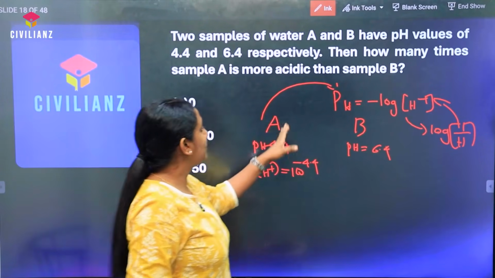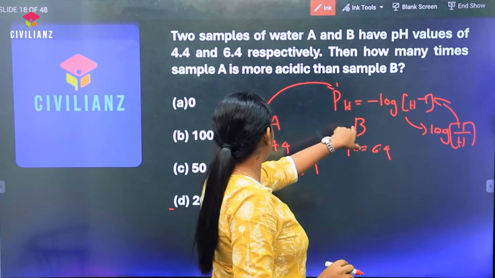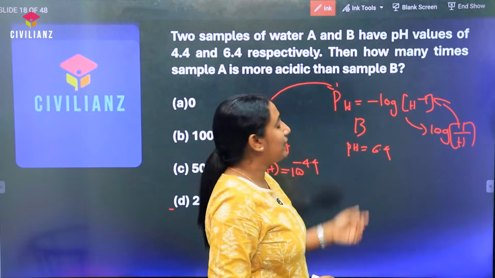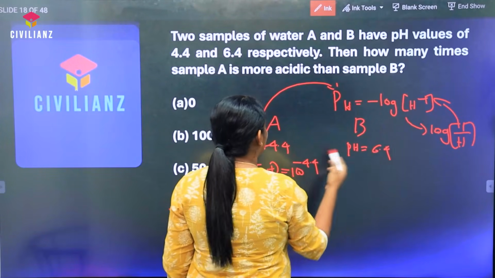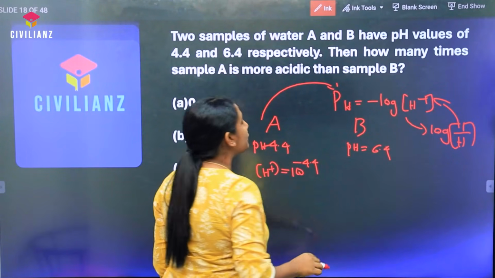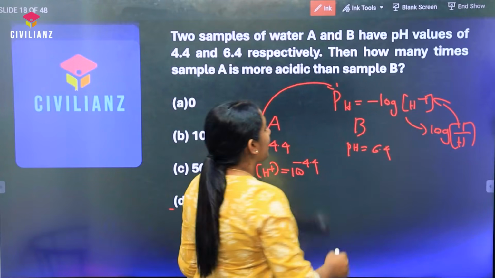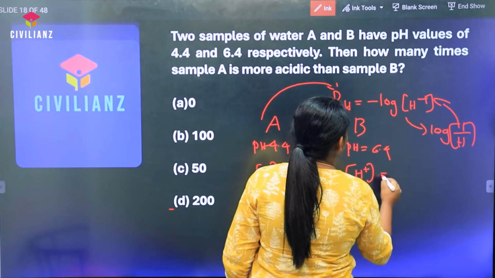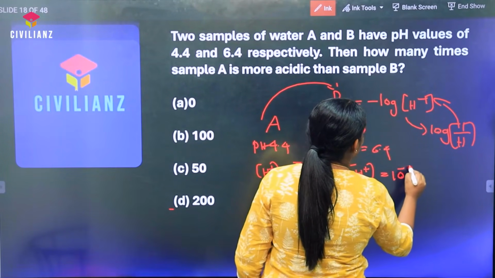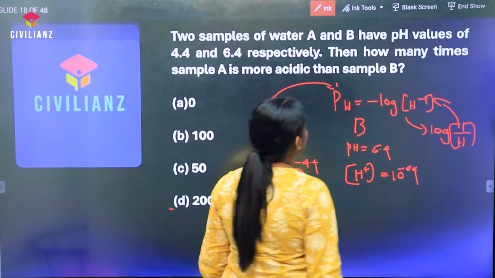Considering the log, the concentration of H+ equals 10 raised to minus 4.4. Similarly, in sample B, the H+ ion concentration equals 10 raised to minus 6.4.